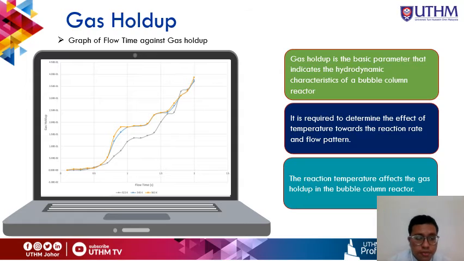As we can see from the graph, the highest temperature, which is 563 Kelvin, shows the highest curve compared to the 533 Kelvin and 543 Kelvin. And with the increase of the reaction temperature, the gas holdup will also increase.